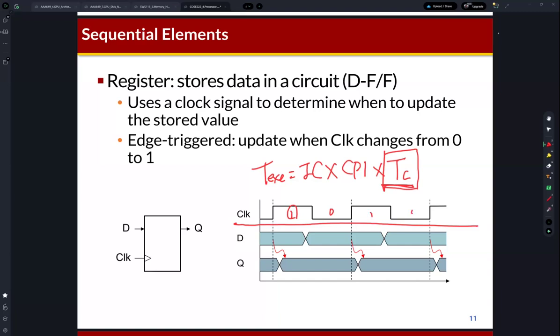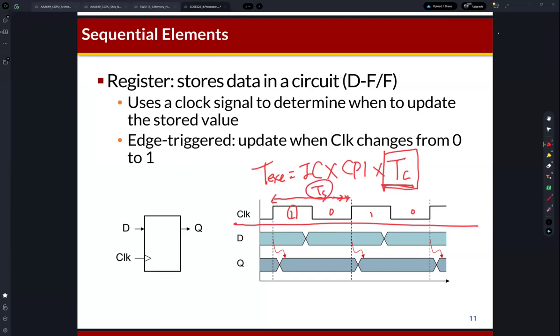Okay, 1 and 0, and the period is fixed. Within a clock period, the clock has the two values, 1 and 0, and this pattern is repeated again and again.